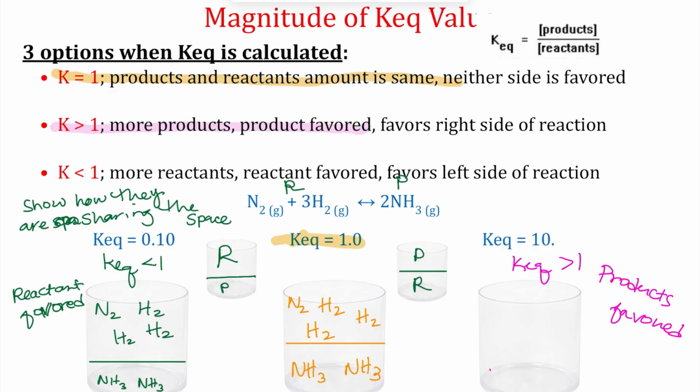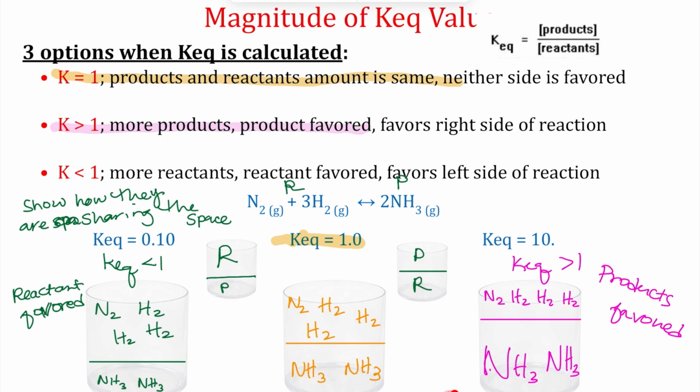And so now I'm going to show my NH3 taking up a lot more space, and I'm going to have less of those nitrogen and hydrogens, even though that ratio stays the same. And again, we could show that with less space for our reactants, more space for our products.